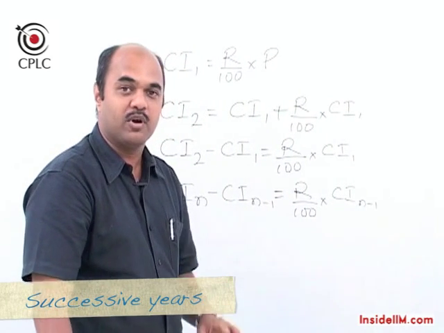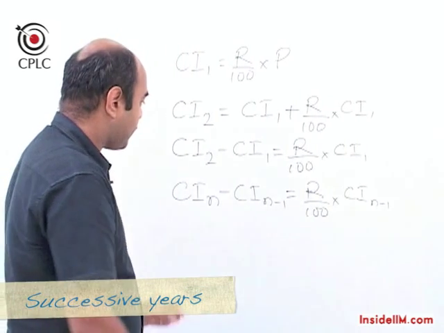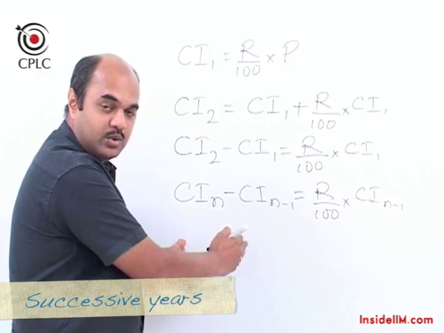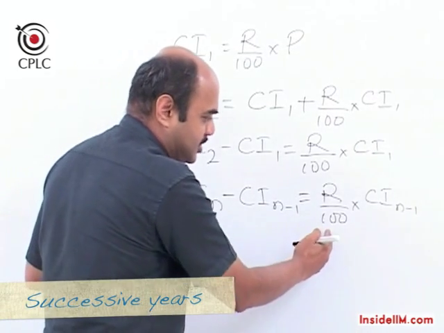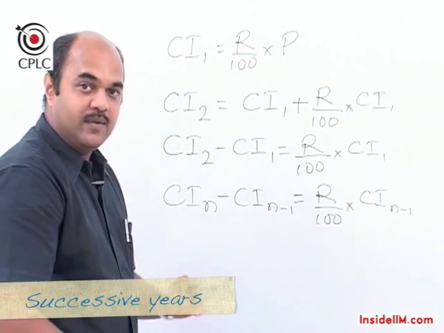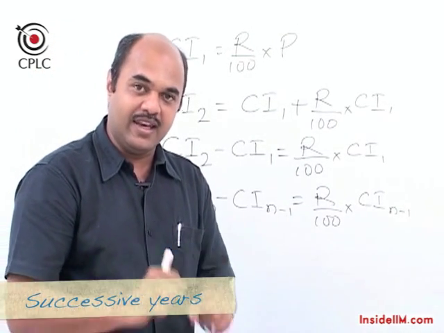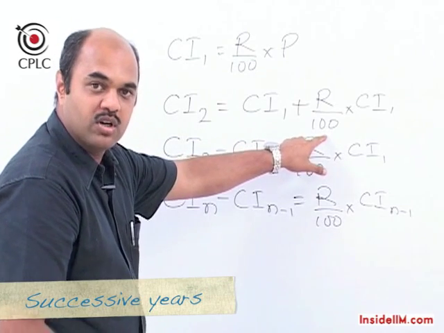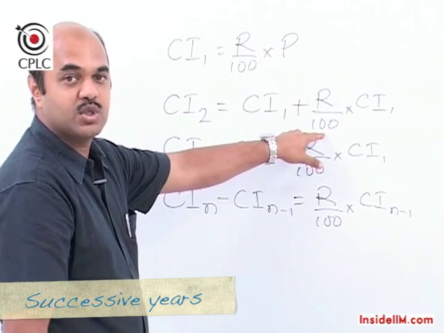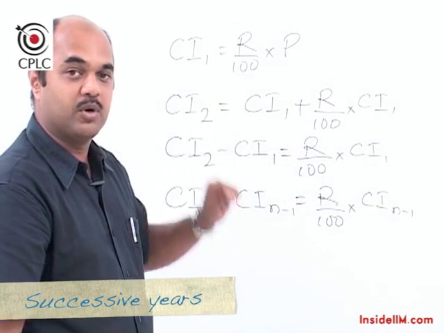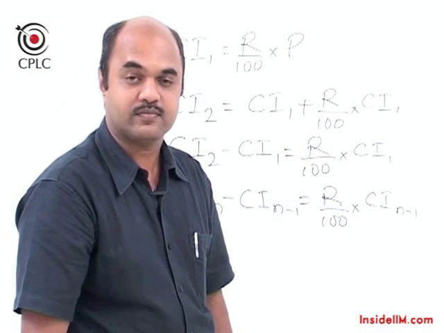So there are two important points that we've learned here. One is the difference between compound interest in any two successive years is R% of the compound interest of the previous year, and compound interest in any year is R% more than the compound interest of the previous year, which we studied here when we looked at compound interest of year 2.